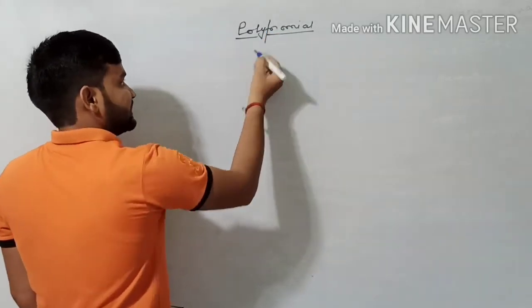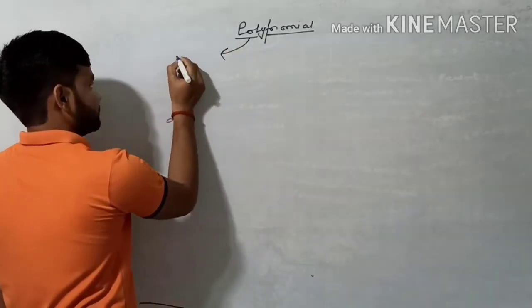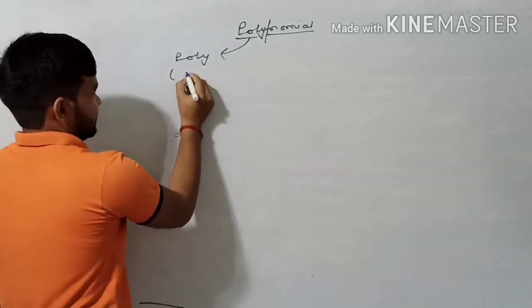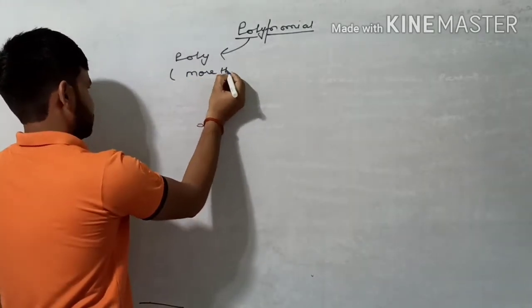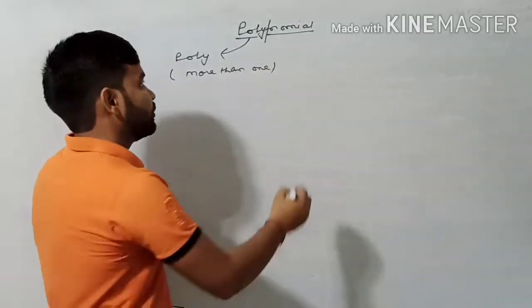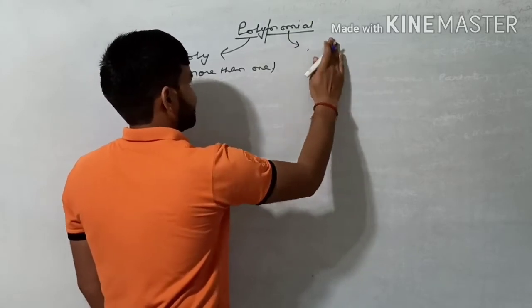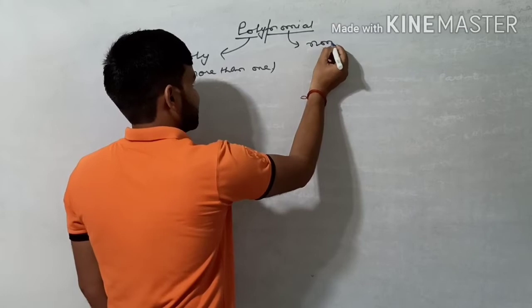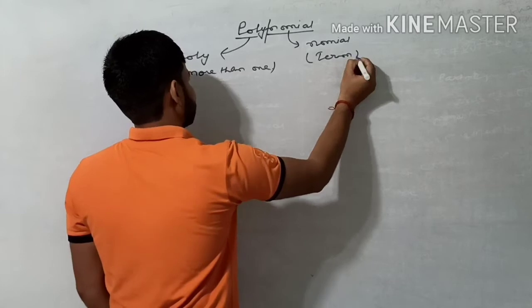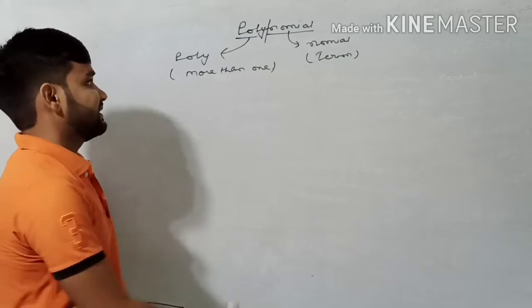Polynomial is made up of two terms: poly, which is a Greek word that means more than one, and nomial means terms. Clear? That means more than one term combined forms a polynomial.